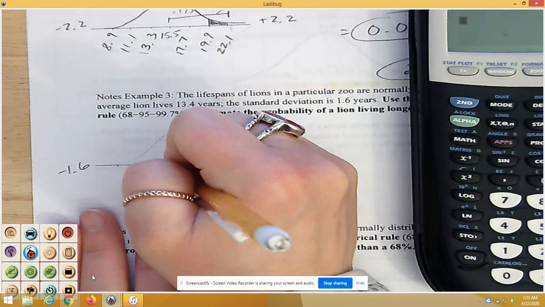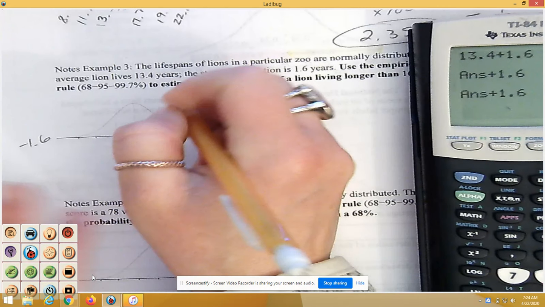All right, so I have 15, 16.6, and then 18.2, and I'm going to repeat the other way. So I have 13.4 minus 1.6 minus 1.6 minus 1.6. So this is 11.